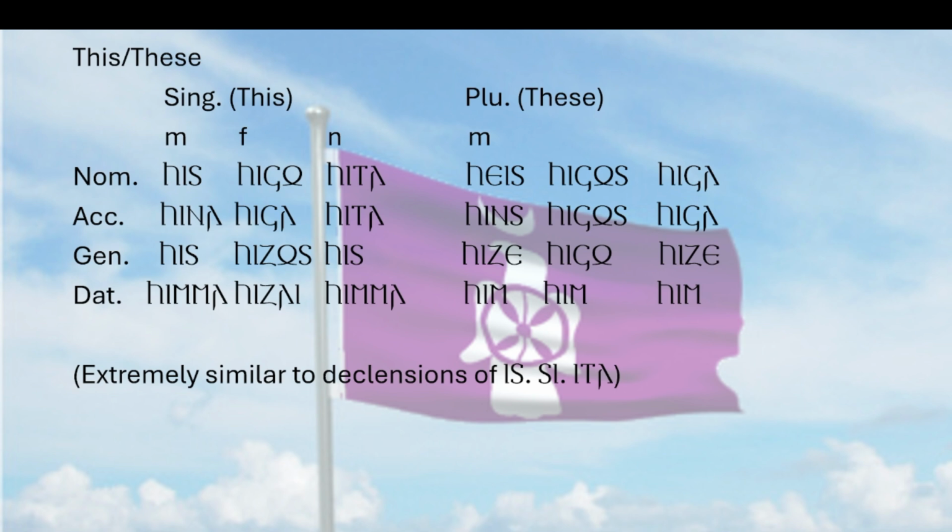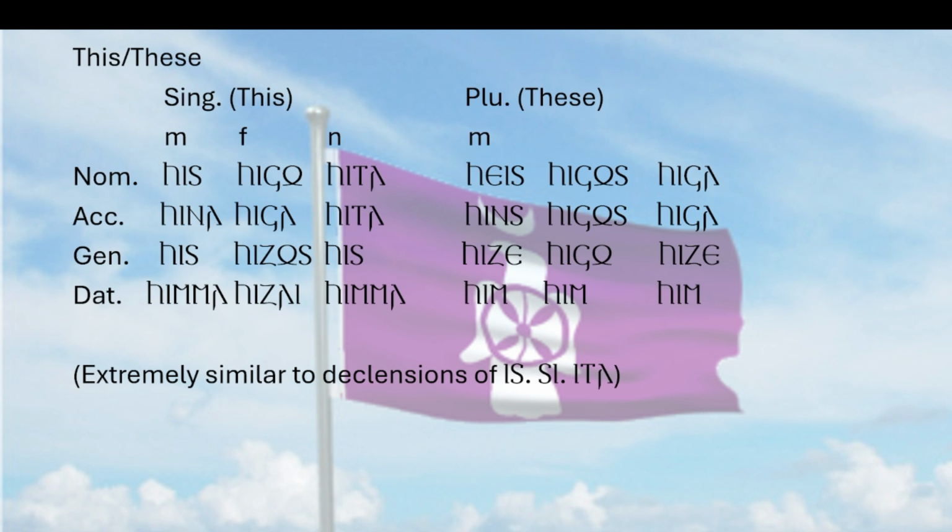So translating into English, it would mean this. On the left here, we have the singular. On the right here, we have the plural. So the left will be translated into this. The right will be translated into these. In the Gothic language, they are just declensions of the same word, the word his.